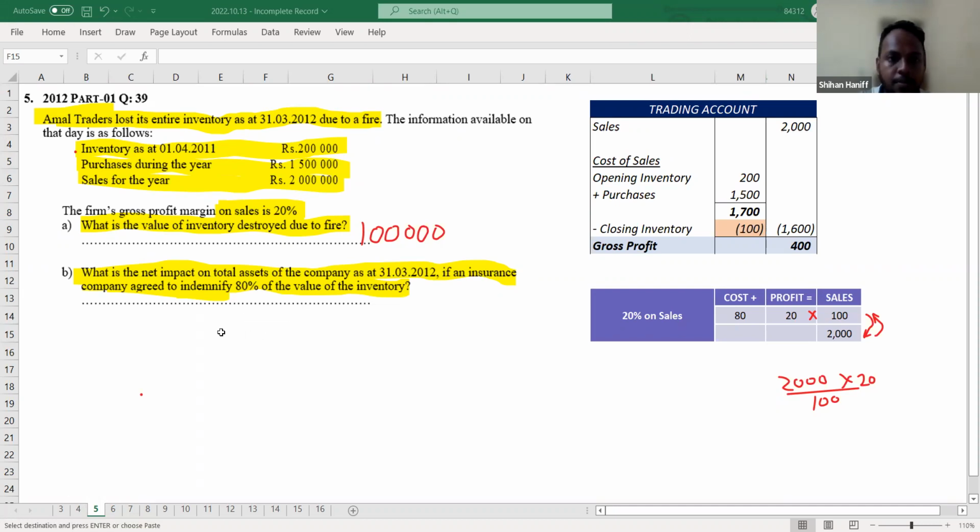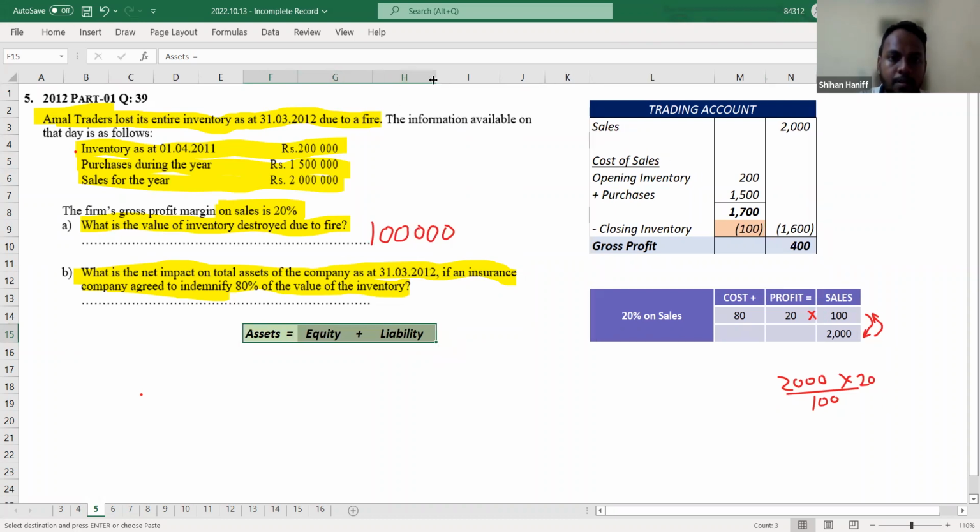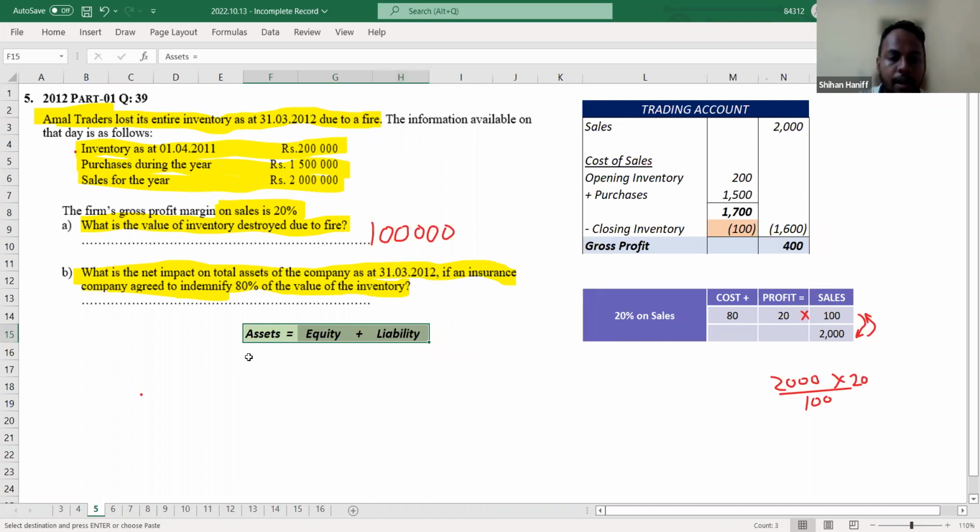Right, let me show like this. Now the equation is assets equals equity plus liabilities. Okay, that's the equation. So what happens for this transaction? What happens if the stock is destroyed or damaged?